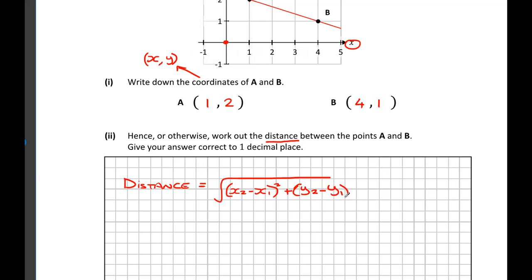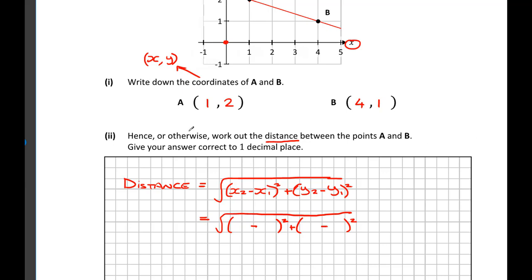Okay. So that equals, well, what does that equal? It's the square root of. So I'm just going to rewrite this. So we're going to get x2, we're going to get x1. So I'm going to leave them blank, plus and y2 minus y1. Now make sure you have the squares in, yeah? So what I'm going to do is replace x2, x1.